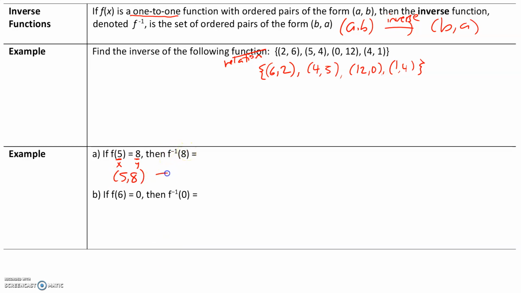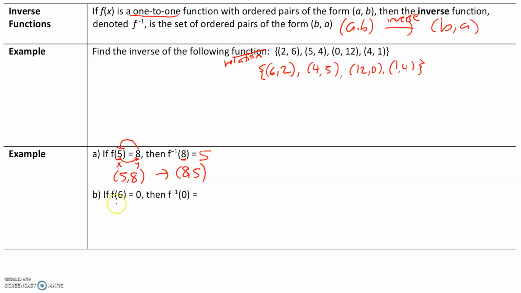Now, the inverse of 5, 8 is the point 8, 5, which means in the inverse, if the input is 8, then the output will be 5. So when you have the inverse of f, the 5 and 8 interchange. If the 8 became the input, the 5 becomes the output.